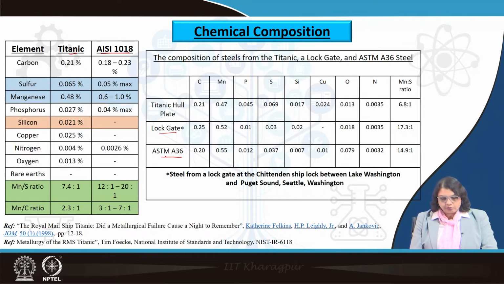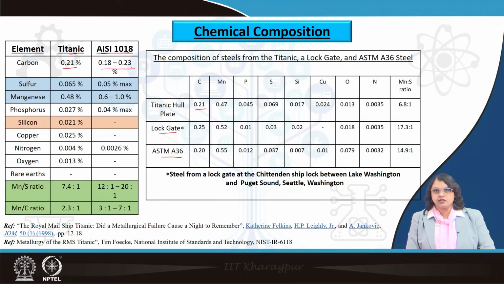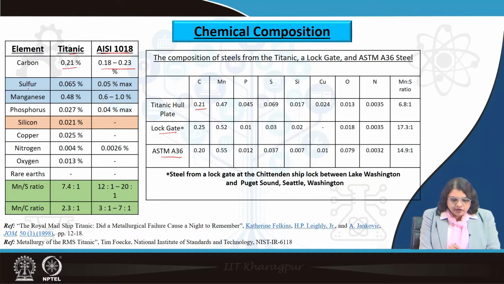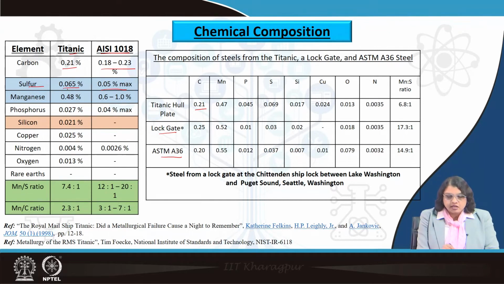We can see that more or less the carbon content is well within the limit. So, there is no issue with the carbon content being higher or lower, right. Rather, the sulfur content is pretty high, higher than even the maximum limit of 0.05, and now we have 0.065% of sulfur.